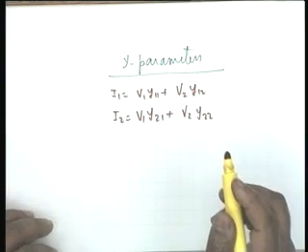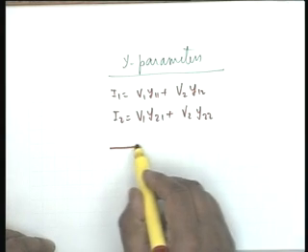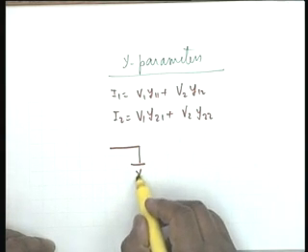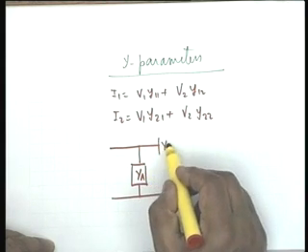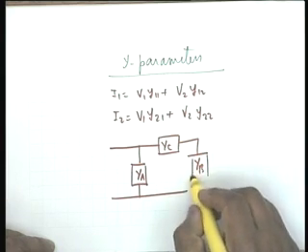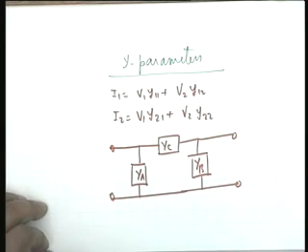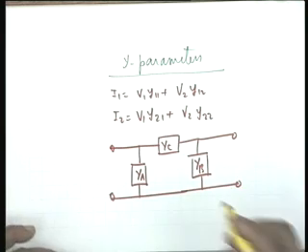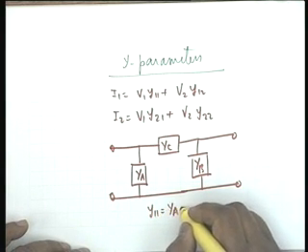And in the last lecture we had taken an example of the pi network, YA, then YC, then YB, and we said that by inspection you can see that Y11 is equal to YA plus YC.